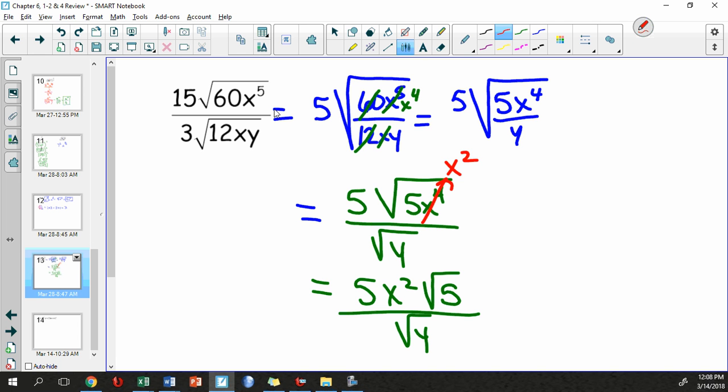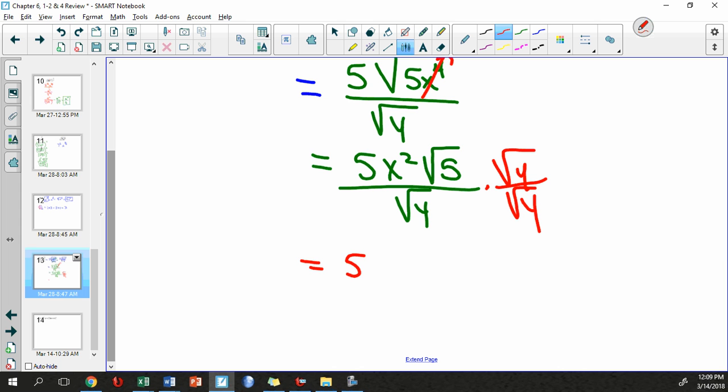Can I divide by a radical? No, and I have to have at least 2 because it's the square root to pull 1 of anything on the outside. I currently have only 1 y in the denominator. How many more y's do I need? I need another y. So what you do at the bottom, you multiply on the top as well.